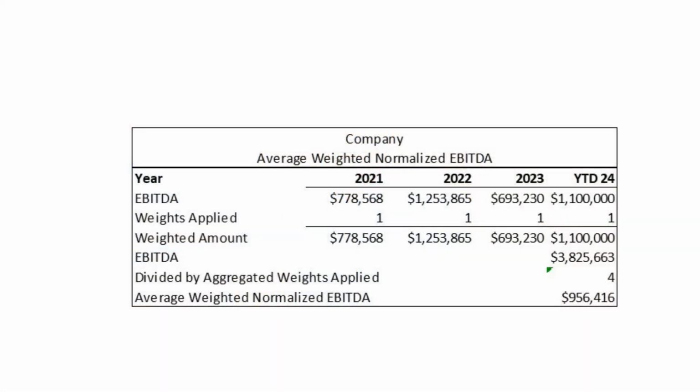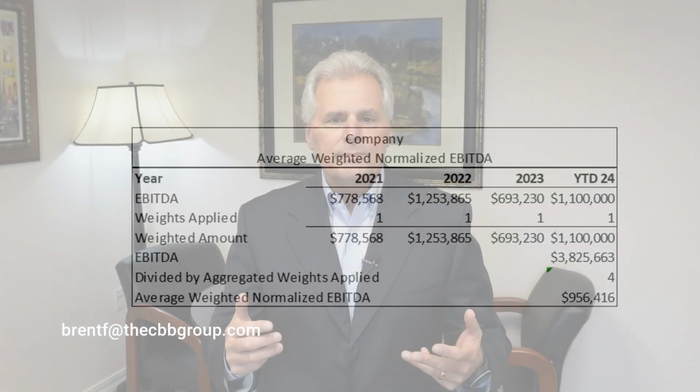Now in this case, looking at the EBITDA, the inconsistencies over the years kind of up and down, I've decided that the best representation for the future cash flow of the company is to use just a straight average, which comes out to be $956,416.